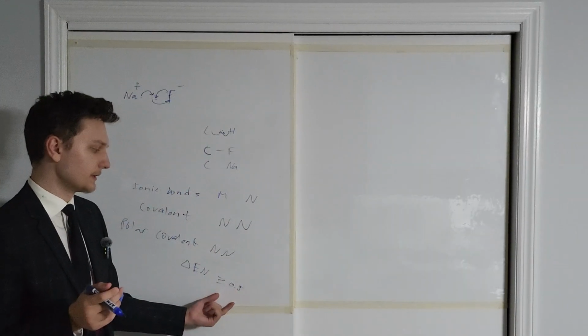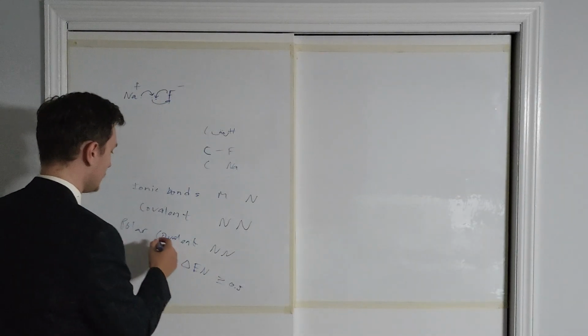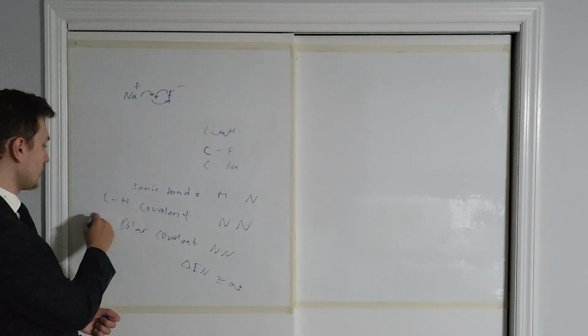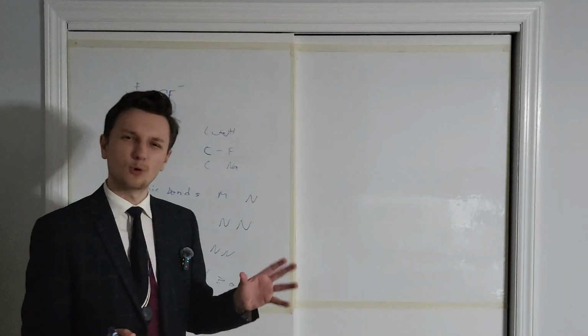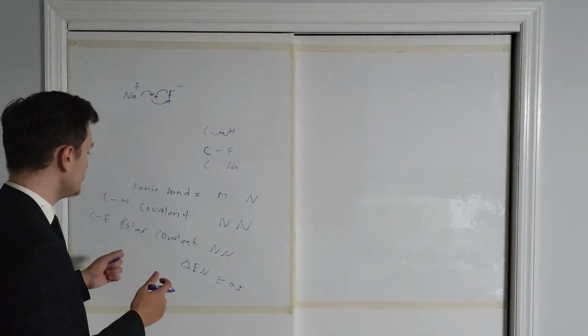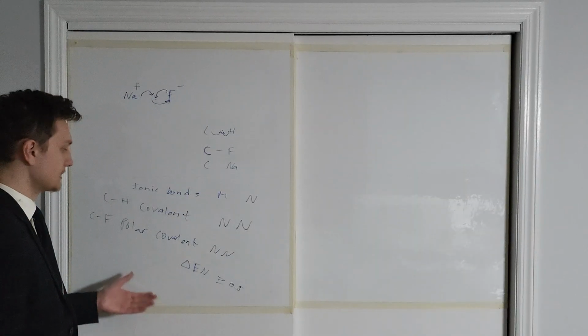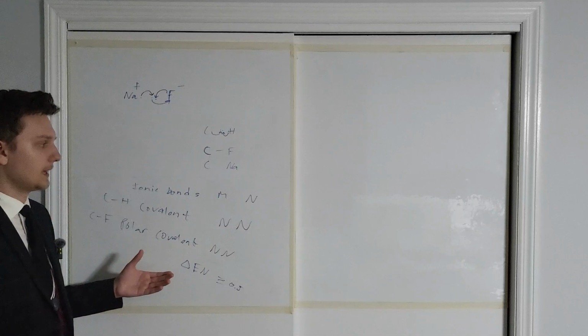It's not greater than or equal to 0.5, which means we're going to call the carbon-hydrogen bond a nonpolar covalent. Meanwhile, if I have a carbon-fluorine, I think I said carbon was 2.5, I think fluorine is somewhere around 4.0, that would be a difference of 1.5 electronegativity units. So this would be a polar covalent bond between two nonmetals.